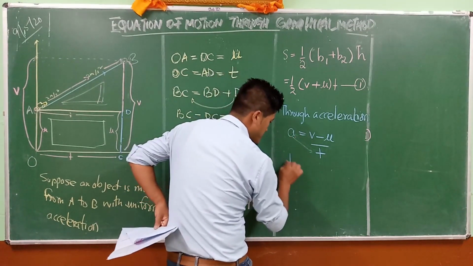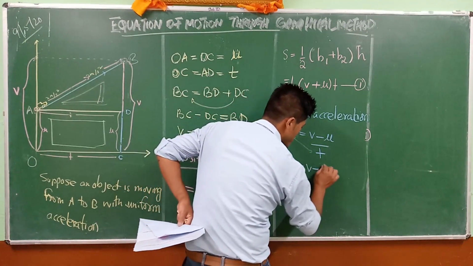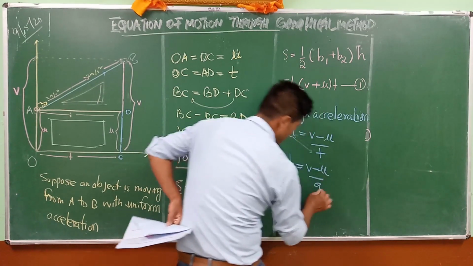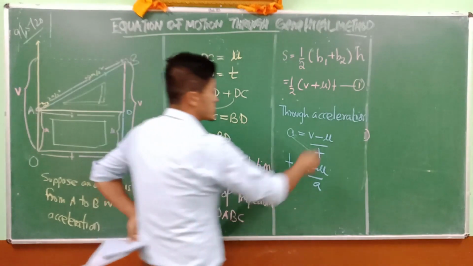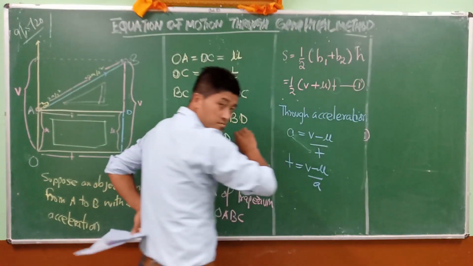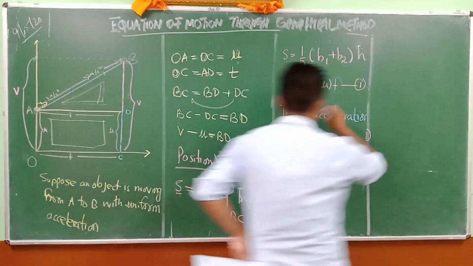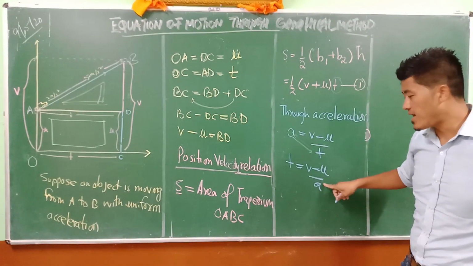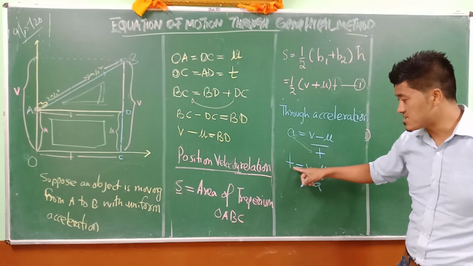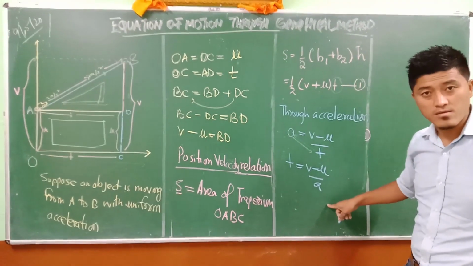That means I can write T is equal to V minus U upon A. Is that clear? Now, can you see there is one singular T here? Instead of writing this singular T, we can write V minus U upon A. Why? Because this T is also equal to V minus U upon A.